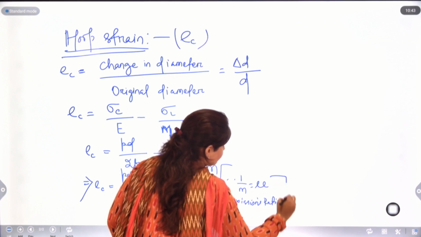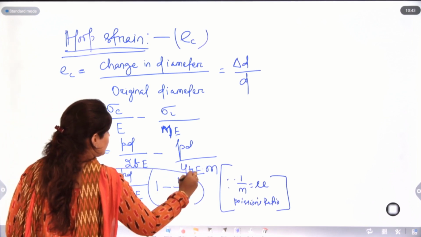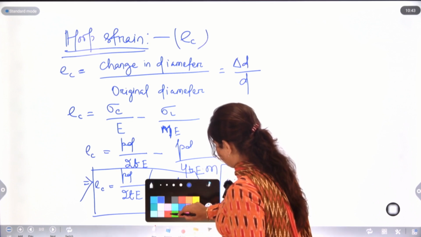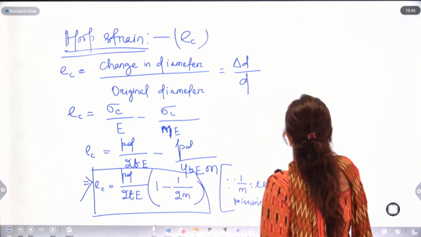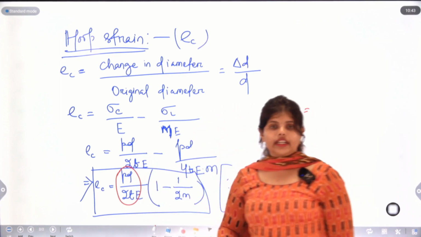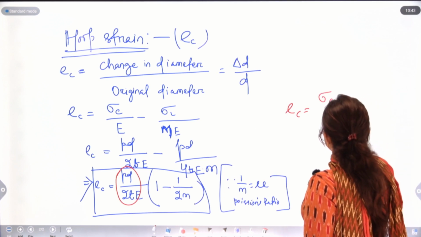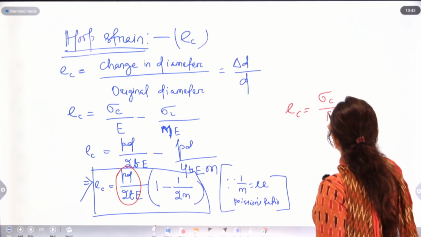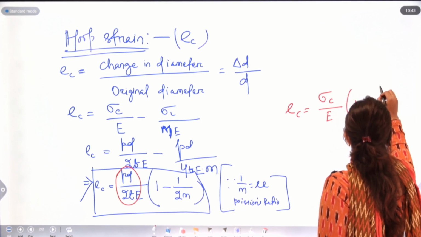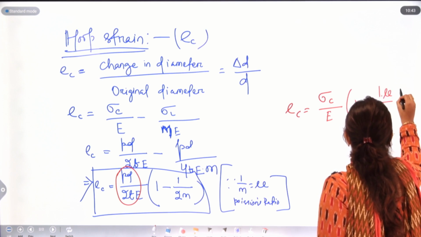Okay, so we have got our formula. We can write e c equals PD upon 2t, our circumferential stress, sigma c upon E into 1 minus mu by 2.